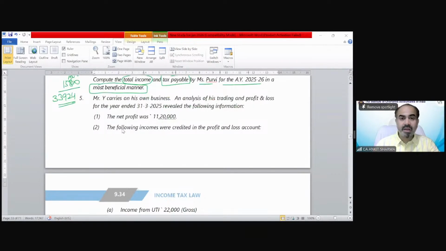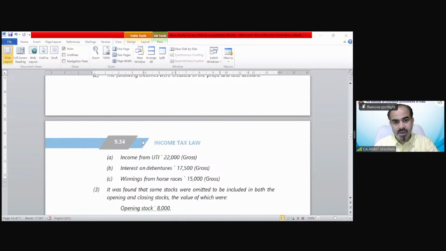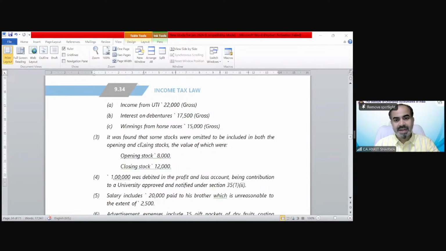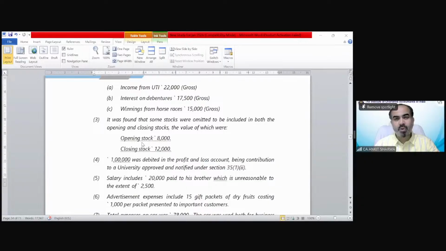The following incomes were credited in the profit and loss account: income from UTI, interest on debenture, winning from horse race. It was found that some stock was omitted to be included in both the opening and closing stock, the value of which were opening stock 8,000, closing stock 12,000.